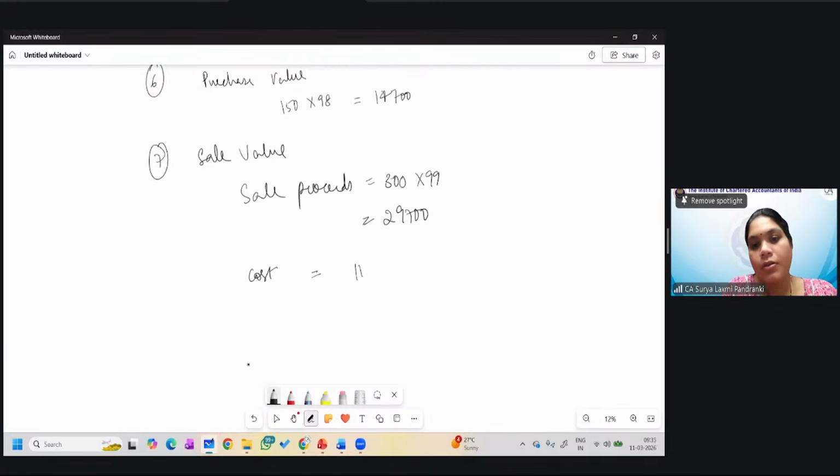Let us also calculate the cost and profit together. How much is the cost? 1,18,000 divided by 1,200 units into 300. Calculate the cost, no?